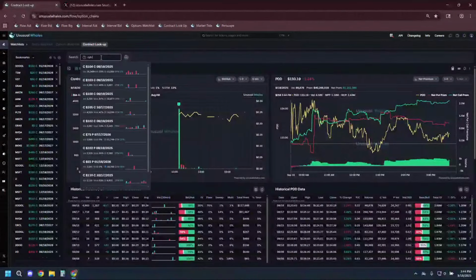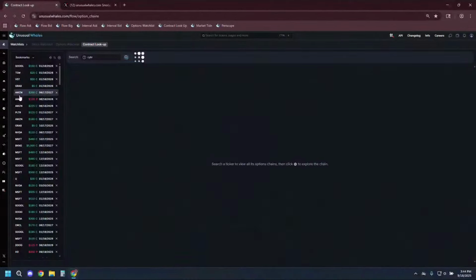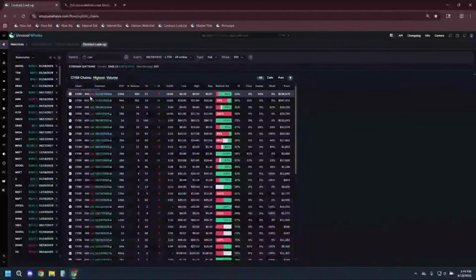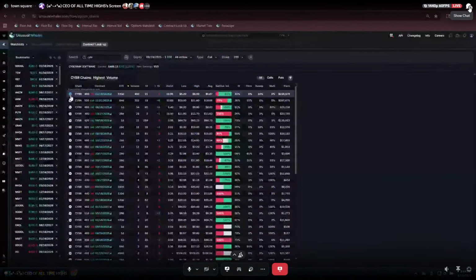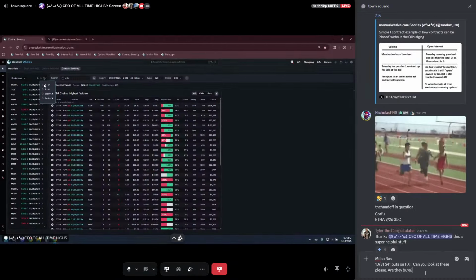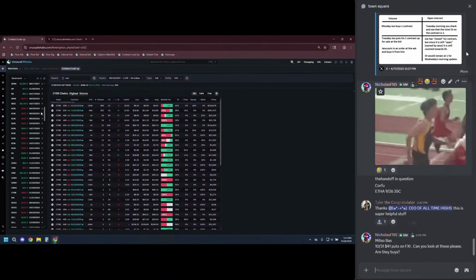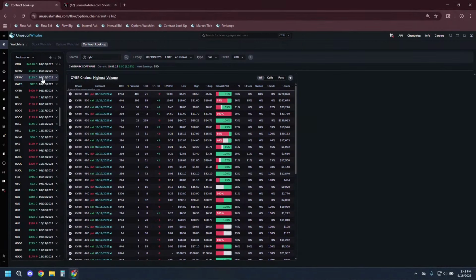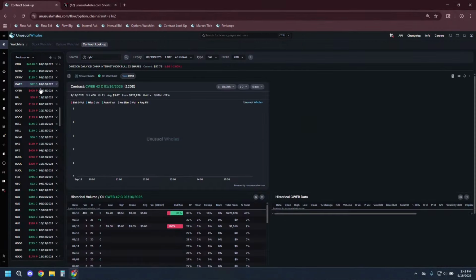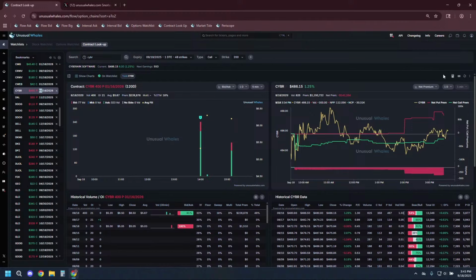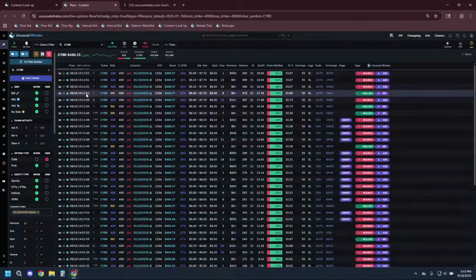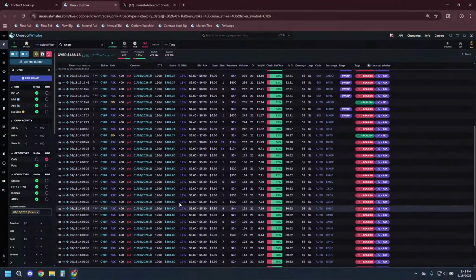Let's see here. CYBR, the Cyber 400 strike puts. That's very far out of the money. Is this a situation where the tape tells us something that the chart does not? Let's see. What does the tape look like on these?